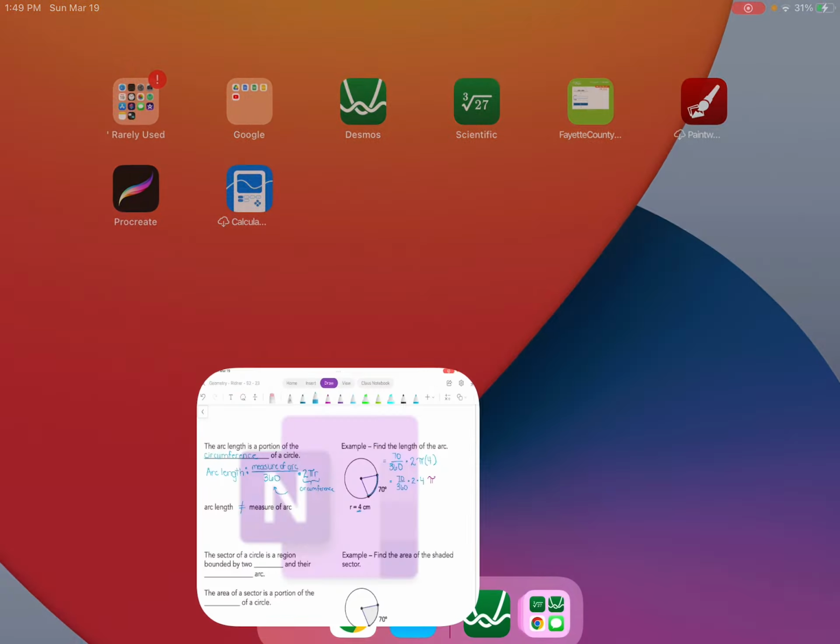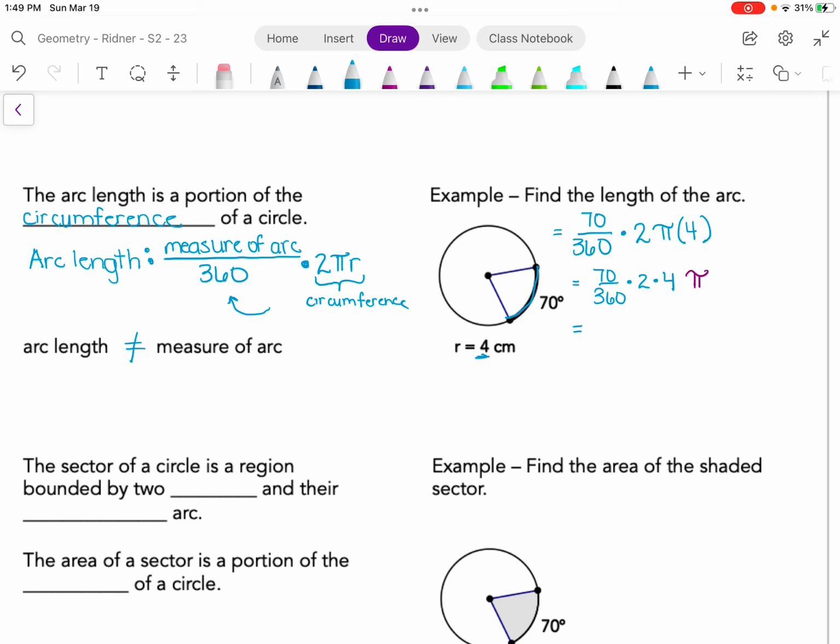Okay. So I'm going to come over here and do 14/9 pi. So I know I didn't type it in the calculator, but I'm still going to bring it down. If you have a question that says leave in terms of pi, this is your answer. That's it. You're done. That's your answer. Nothing more.